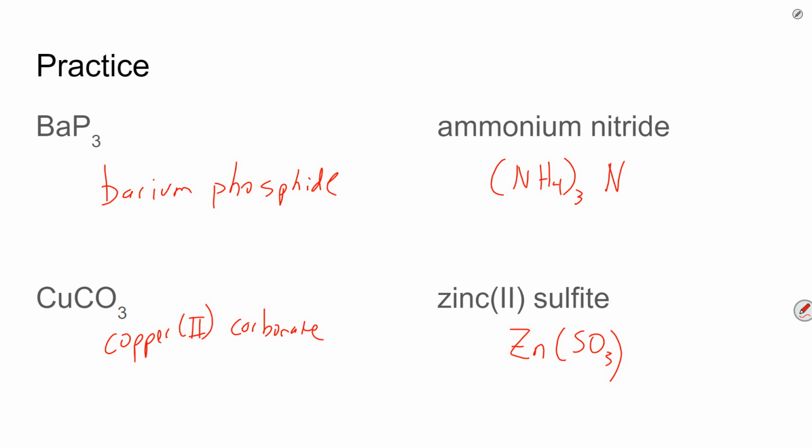And parentheses not technically required on the sulfite polyatomic ion there, but are absolutely required on the ammonium nitride. By the way, this subscript here is distributive, which means there's 3 nitrogens and 12 hydrogens, but do not distribute it out because you can always simplify it down to the simpler version here.